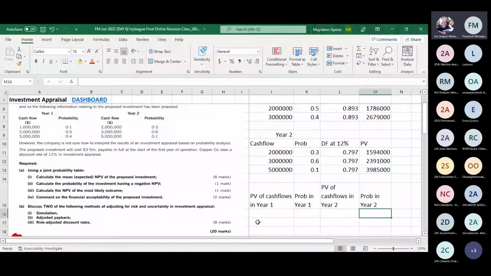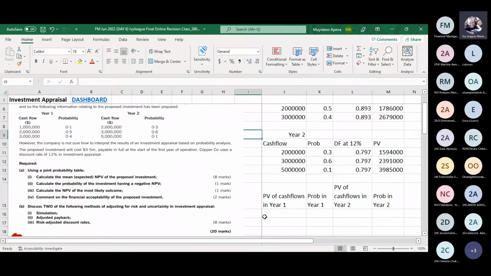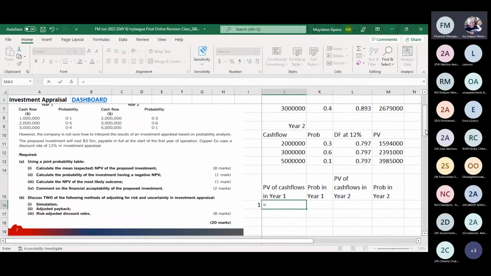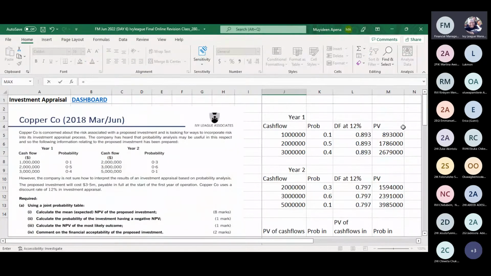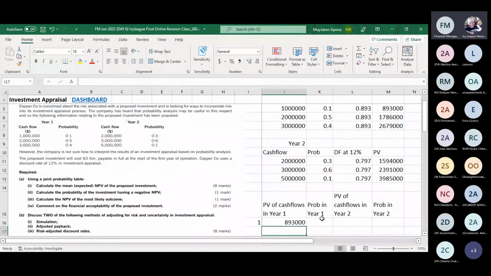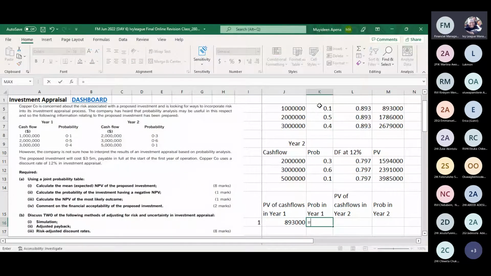Now, we will look at different scenarios. Scenario 1 is that in year 1, the company has a present value of 893,000 at a probability of 10%.